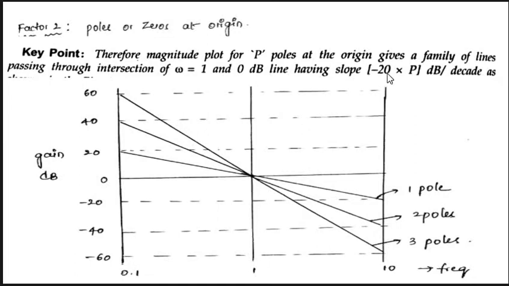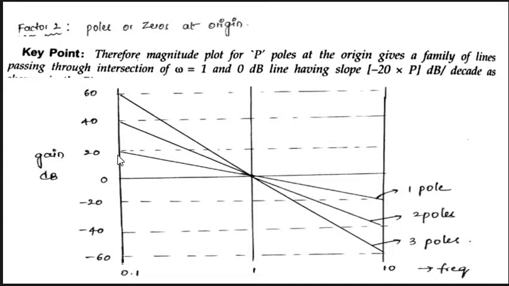And slopes, how can you draw the slope? Minus 20 into p dB per decade. For example, if a single pole at origin, p value is 1, that means the slope is minus 20 into 1, minus 20 dB per decade. So this is the line.